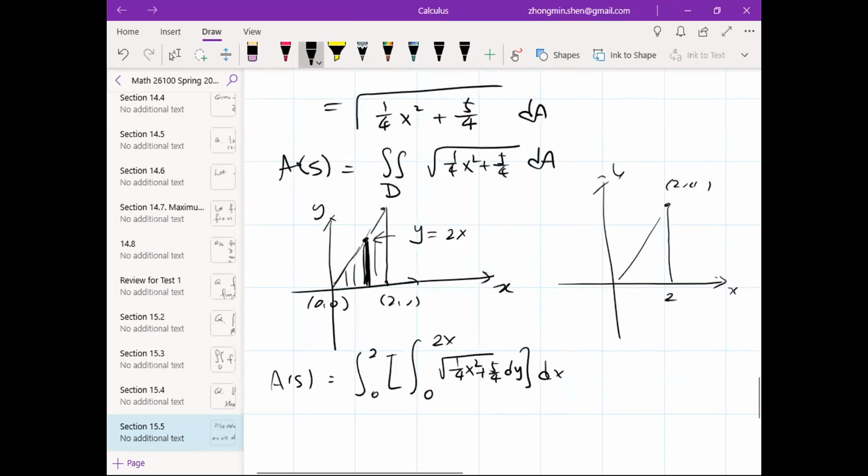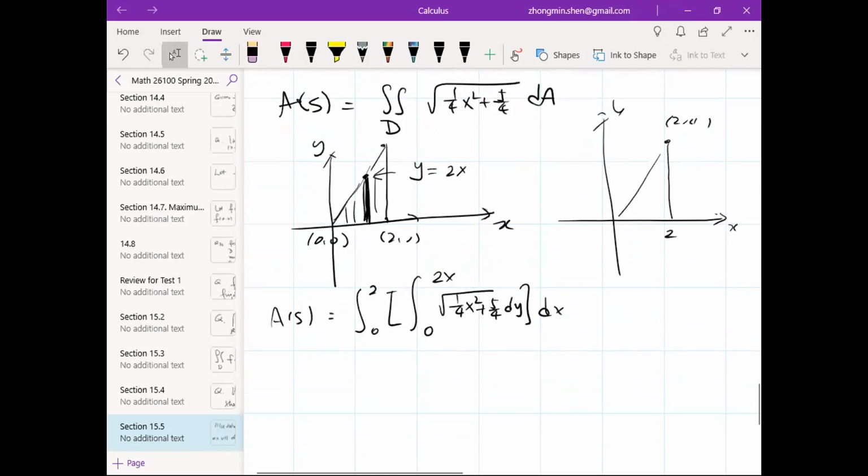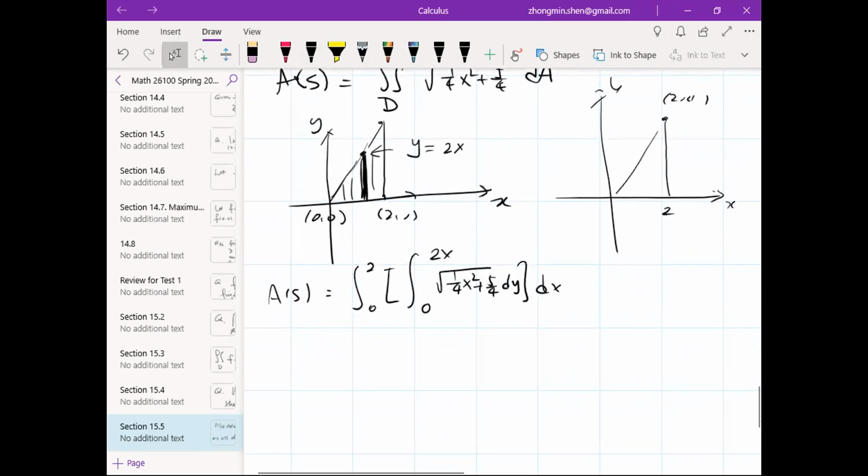Okay. I like this one because I can evaluate the integral right now. This function is independent of y, so I can view it as constant. So you get 2x times this.